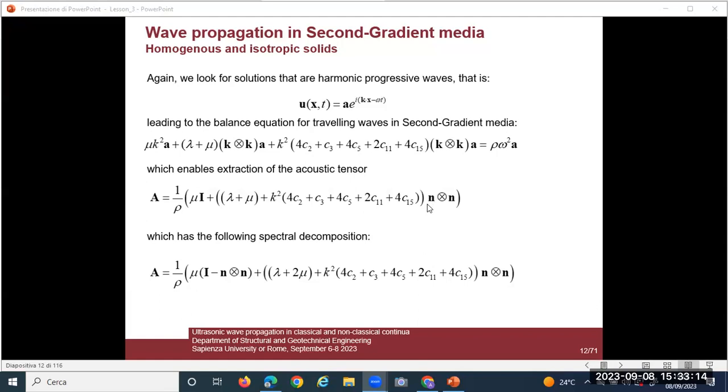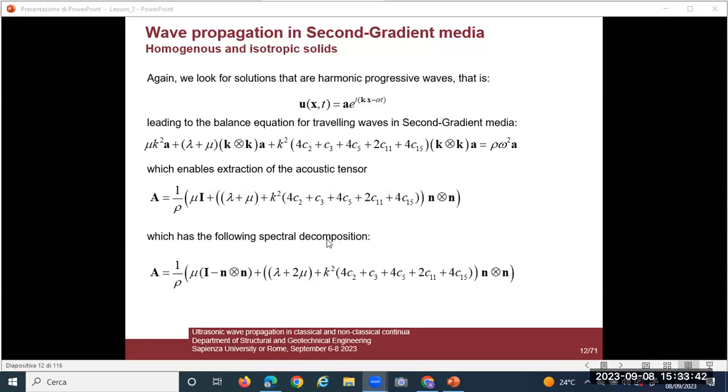And this also enables extraction of the acoustic tensor, which is this one. And this acoustic tensor has a simple spectral decomposition. This is very nice because, as you remember, in Cauchy continuum, the spectral decomposition enables you to derive quite easily the propagation of waves.